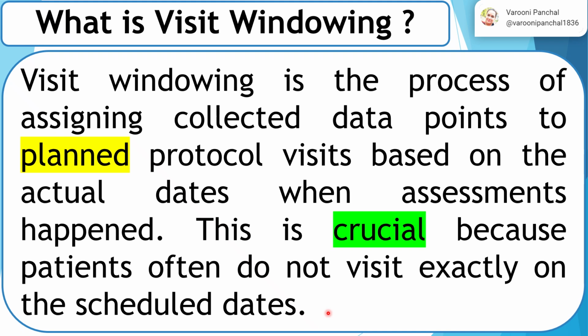It could be personal, accidental or social activities. Reasons could be anything. So in any scenario, if a particular patient is not visiting on a specific scheduled date that is planned according to the protocol, how to handle those use cases and those related records, that is my visit windowing, right?